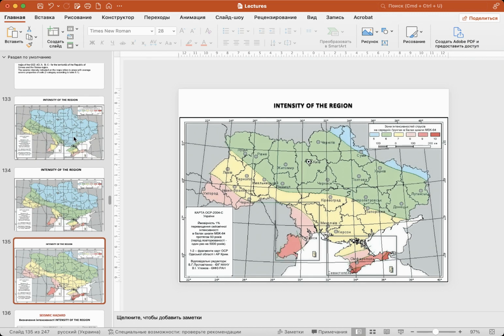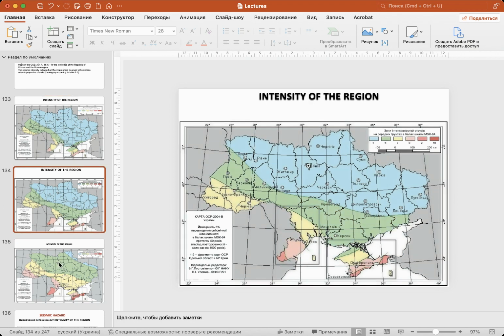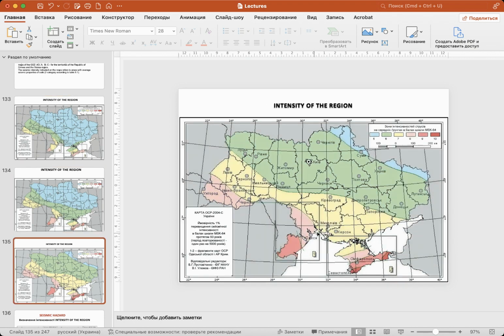It is map A, it is map B, and it is map C. If we compare them, we will find that in Odessa, for example, on map A we have intensity 7, and on map C we have intensity 8. Why is that so?